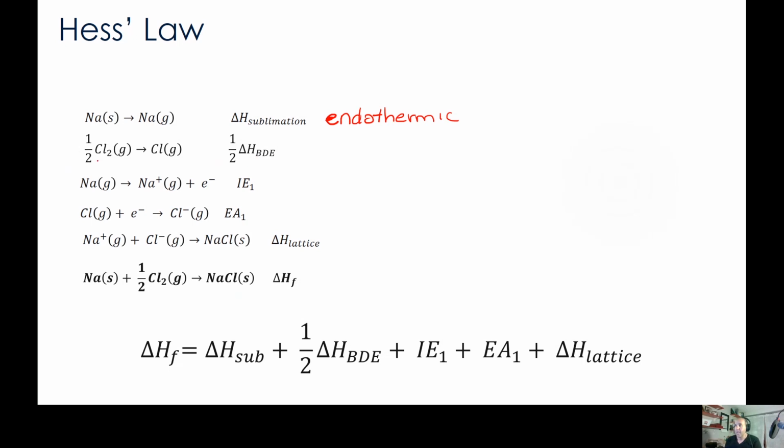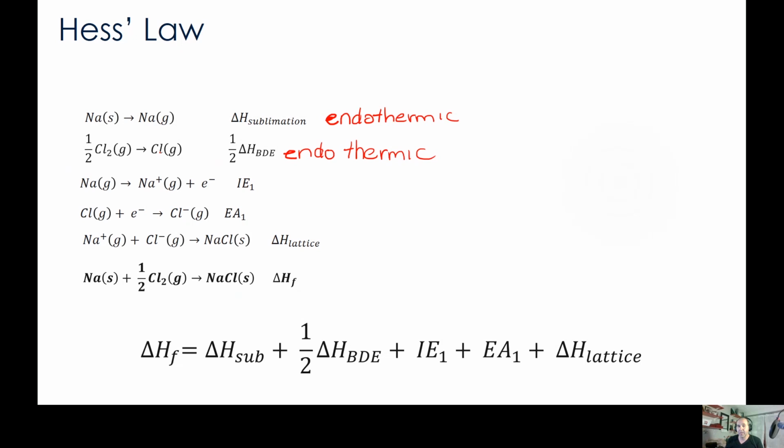I've got it marked here. And we only need one of the Cls. So it's a half Cl2 becomes one Cl. And so we only actually need half of the bond dissociation energy mathematically. Breaking chemical bonds is also endothermic. So you can see that now I've got gas phase atoms.